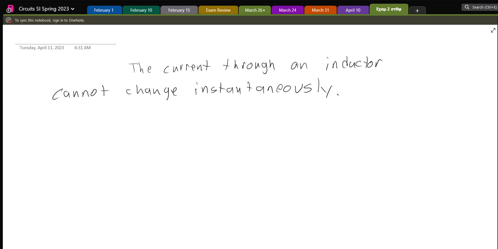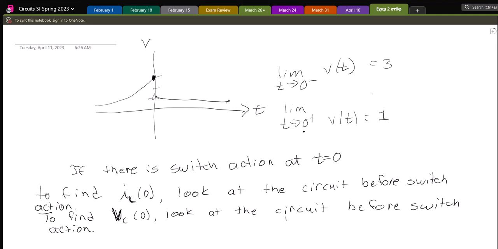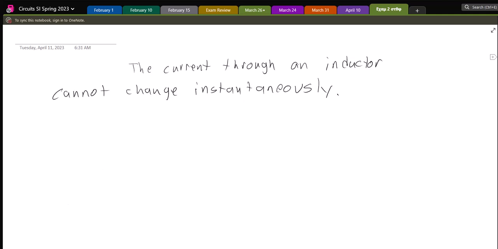You can have one voltage on one side of 0 and another voltage on the other side of 0. In other words, if this were an inductor, this would be a perfectly acceptable graph, with a discontinuity here, a voltage on one side and a different voltage on the other side. You could not have this for a capacitor, and if this is current, this would not be acceptable for an inductor, because the graph of the current for an inductor has to be continuous.